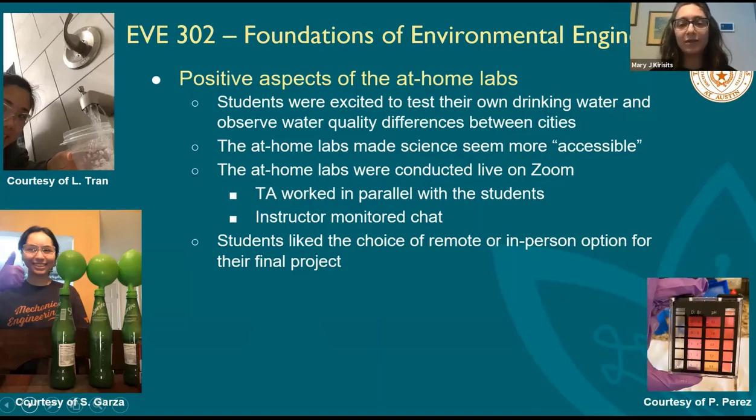And so the TA was in front of her camera, doing the experiments with the students. And my job was to monitor the chat. So some students would pipe up and ask a question orally, but a lot of them would put their questions into the chat. And so I was able to help them answer their questions as they went along. And so the TA could just continue to do the work.